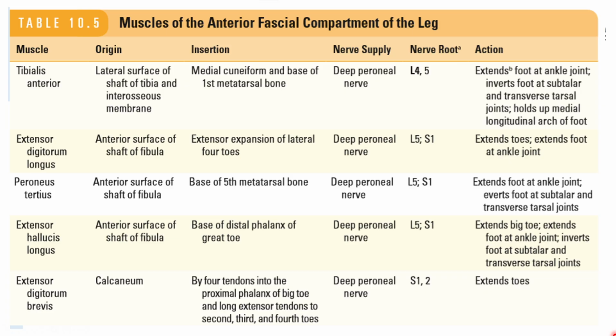And let's go through the common things. All of these muscles are supplied by the deep branch of the common peroneal nerve. All of these muscles are responsible for dorsiflexion at the ankle. The two muscles attaching on the medial aspect, extensor hallucis and tibialis anterior, will be responsible for inversion, with tibialis anterior being the major one.